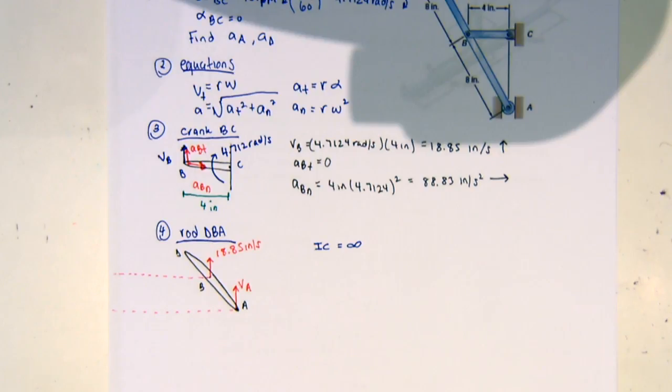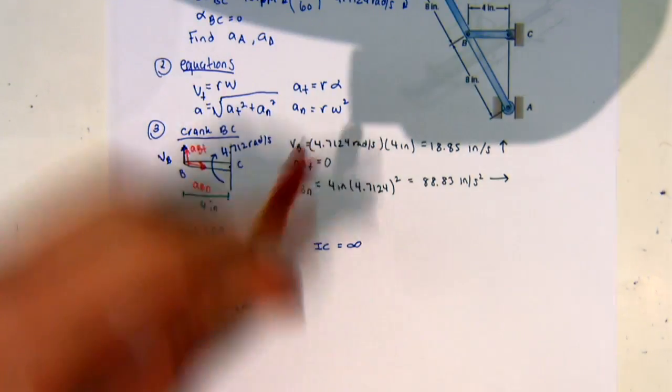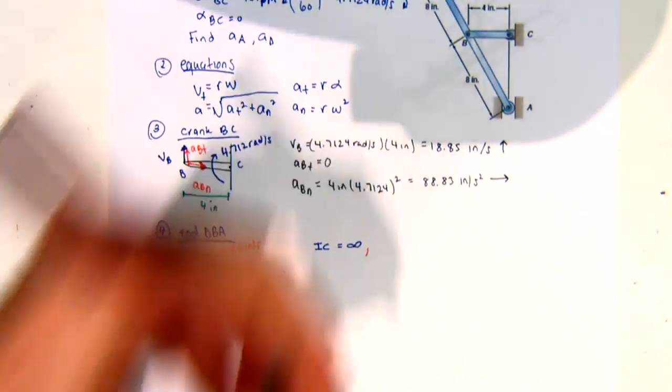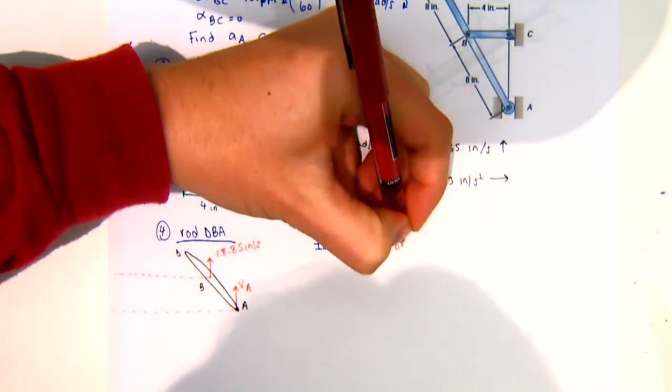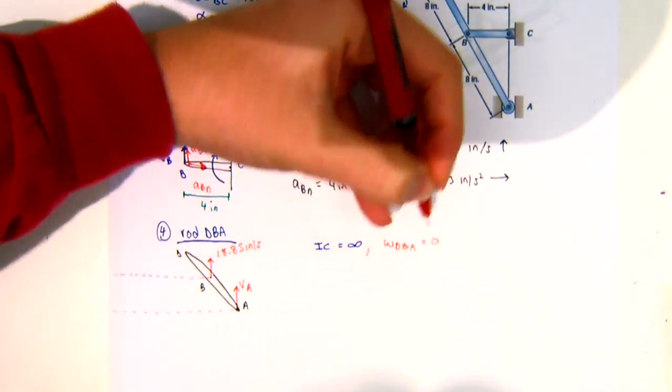And so that means that this rod is only translating. So it's at an angle, it's just moving up and down. It's not rotating, it's just translating up. So what can we say then about the omega for this one? Omega would be 0, good. So if your instantaneous center is at infinity, we can say that omega DBA is equal to 0.